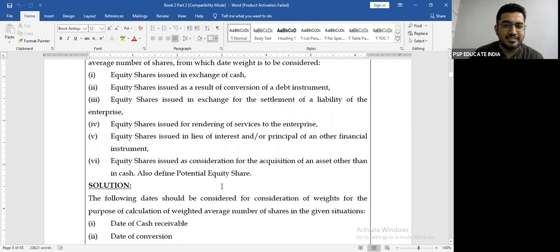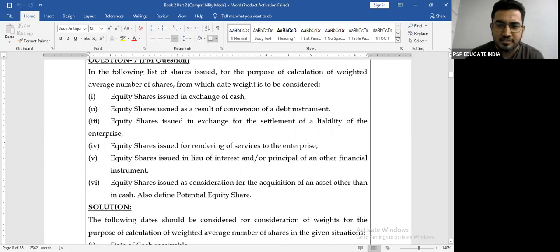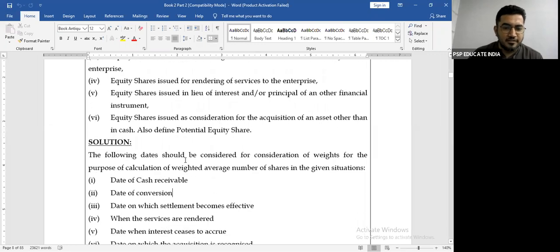Come to the fourth one, which says equity shares issued for rendering of service to the enterprise. Date on which the services are rendered.